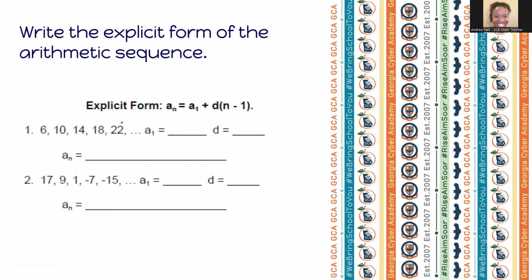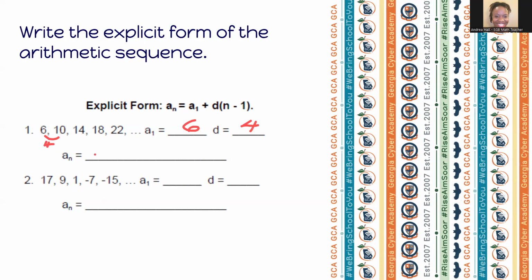All right, now the explicit form is a little more difficult, could be. A sub n equals a sub 1 plus d parentheses n minus 1. So a sub 1 is 6. That's our first term. Our common difference here was 4. Okay, so the same sequence, the first sequence.